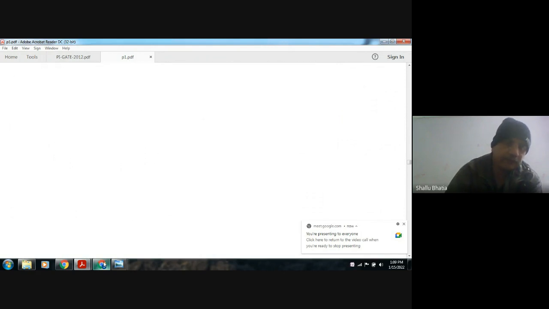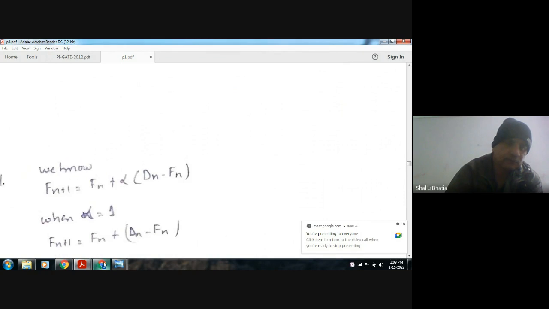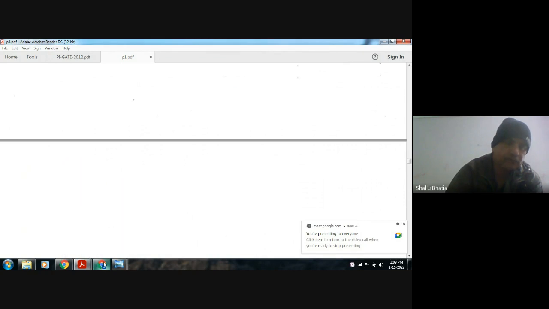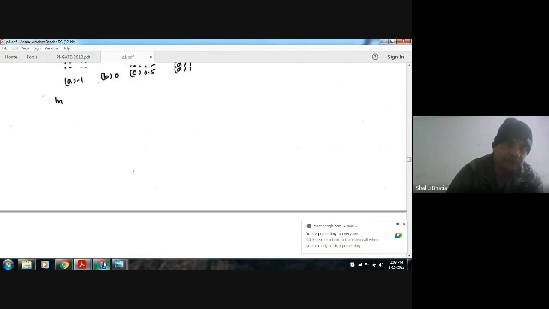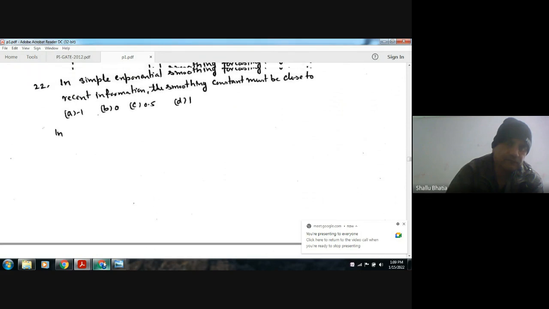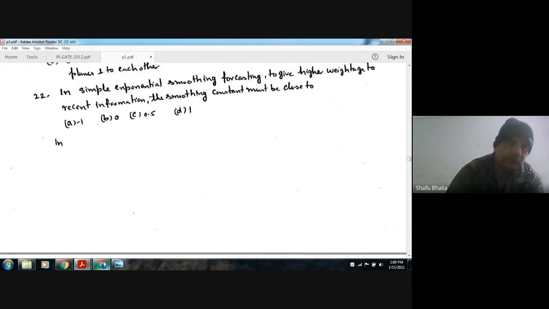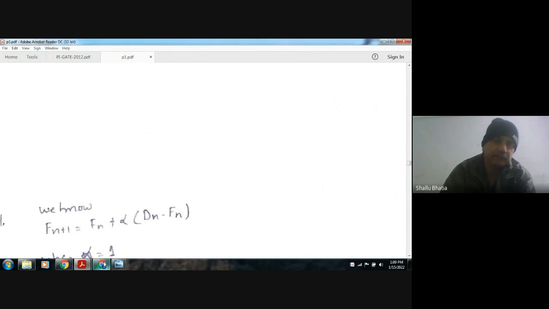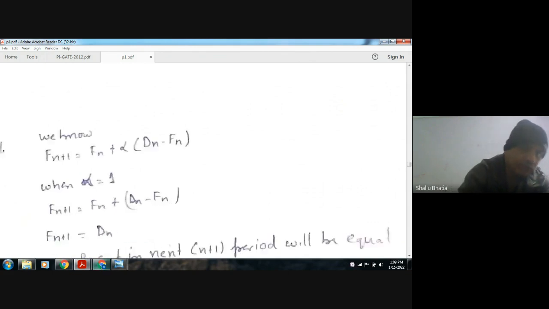We know that in the simple exponential smoothing forecasting method, the forecast for the next period is given by F(n+1) equal to Fn plus alpha times (Dn minus Fn).